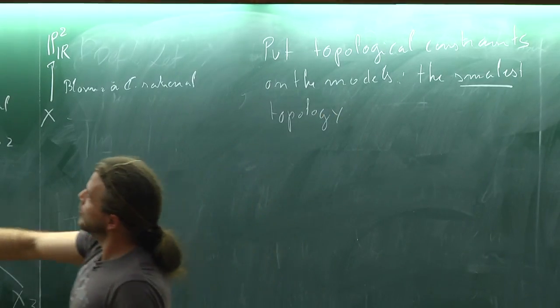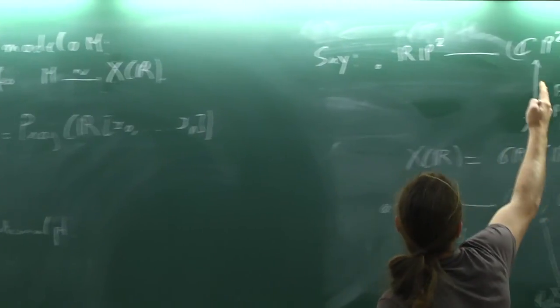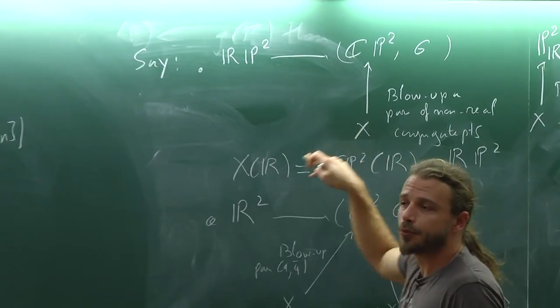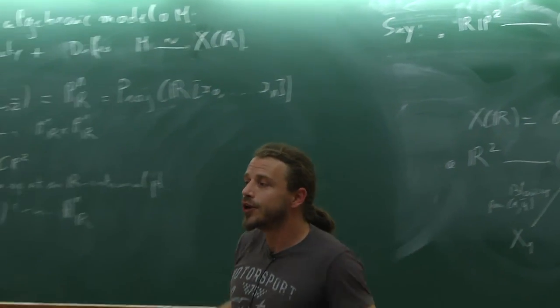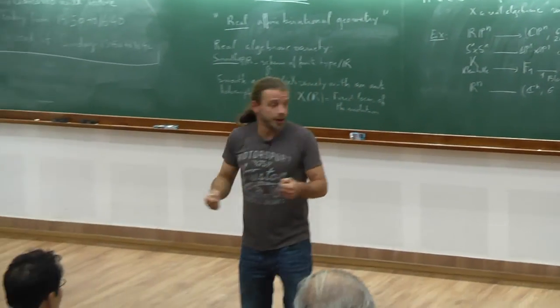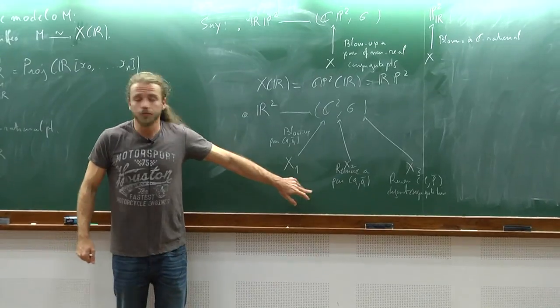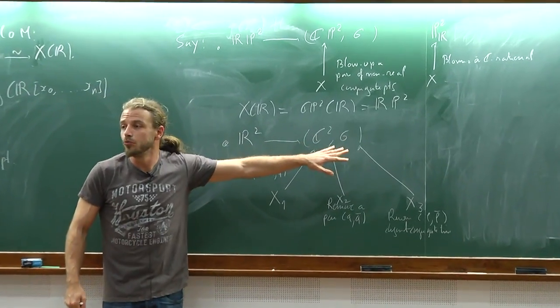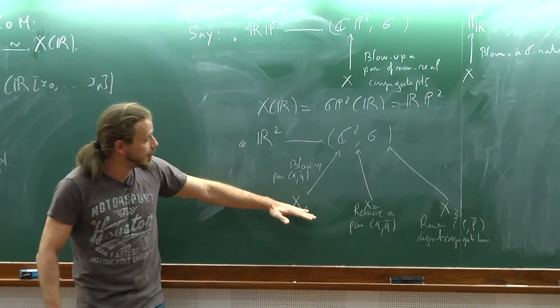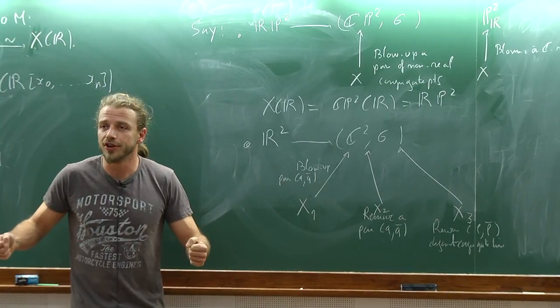So you see, when I'm passing from this guy to this one, I'm blowing up on this complex algebraic variety a pair of points. So I'm increasing the H2 by 2 copies of Z, right? Here the same will occur. So I'm starting with something which has no topology, it's contractible, and if I'm blowing up things, I'm increasing the H2, putting 2 copies of Z inside.